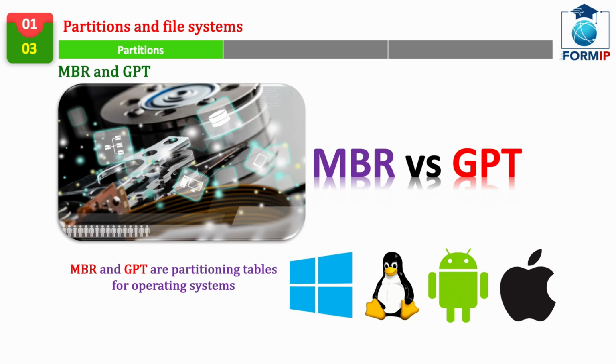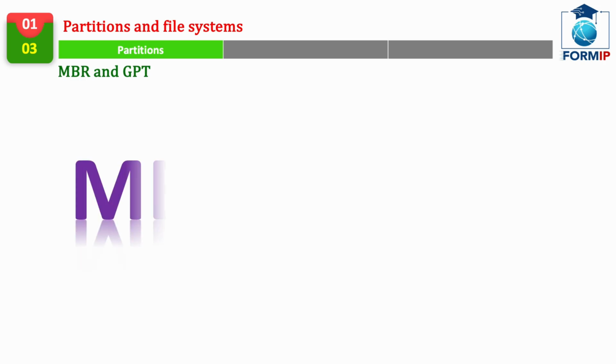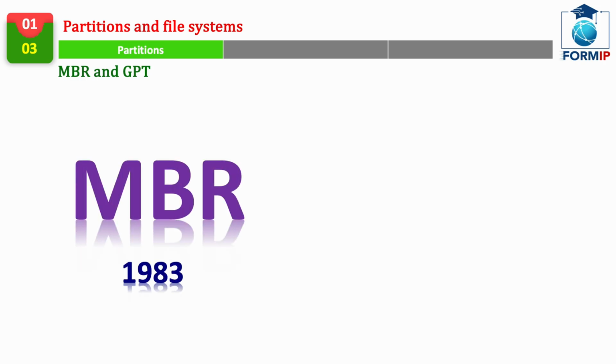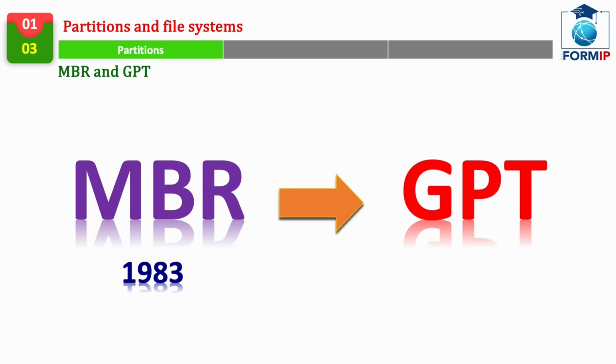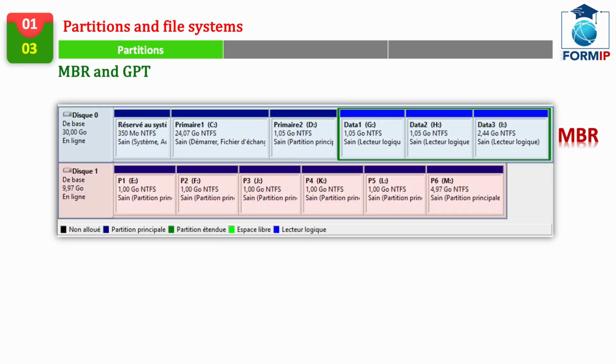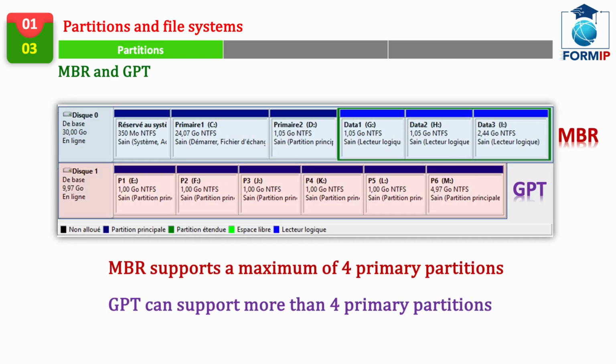The MBR standard is a bit old, since it has been around since 1983, and GPT partitioning is the successor to MBR, which was designed to remove the limitations of MBR. For example, with the master boot record, the MBR, it was impossible to create more than 4 primary partitions, unless you create extended partitions and then divide them into logical partitions.